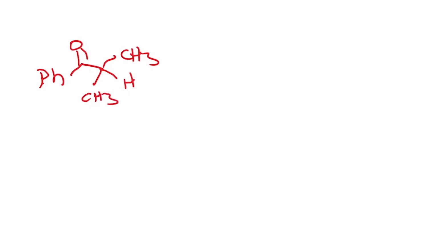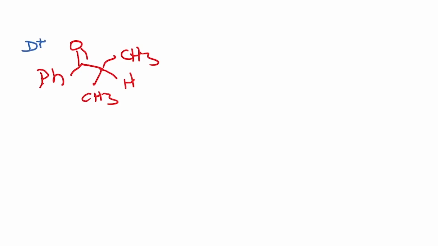Now if you think about it, what can happen is that you have this compound Ph C double bond O, with two hydrogens over here, CH3. And as we looked at in the previous case, if there is some small amount of D plus present in solution, it's going to be floating around.